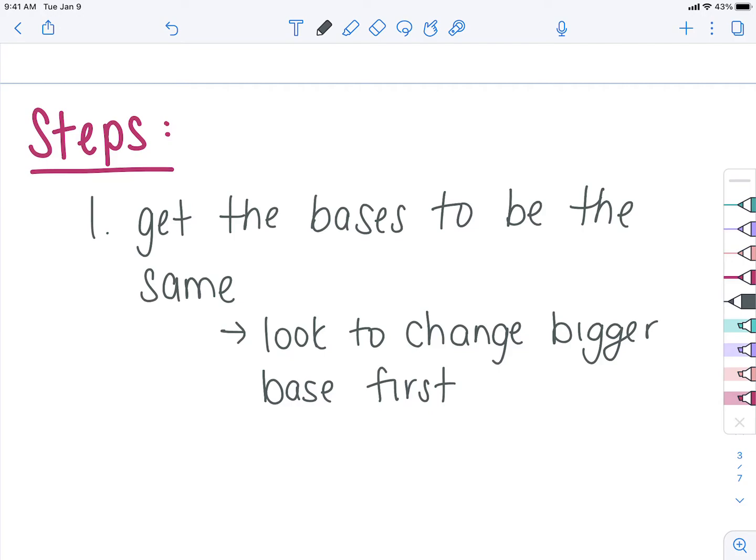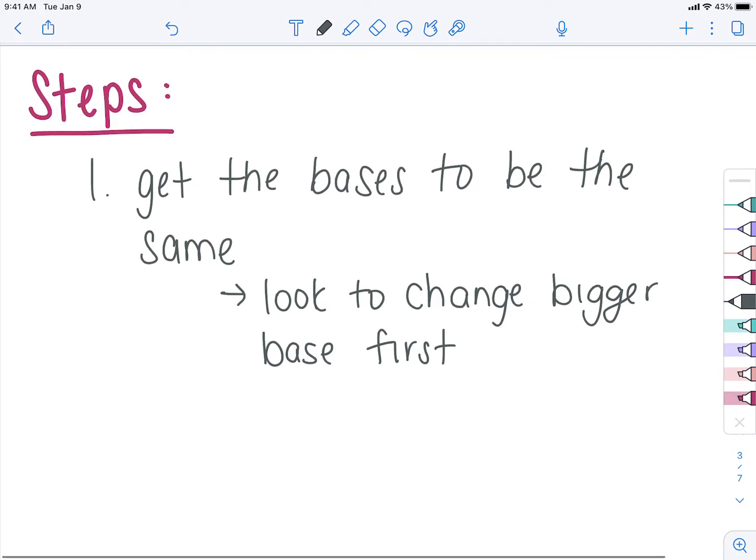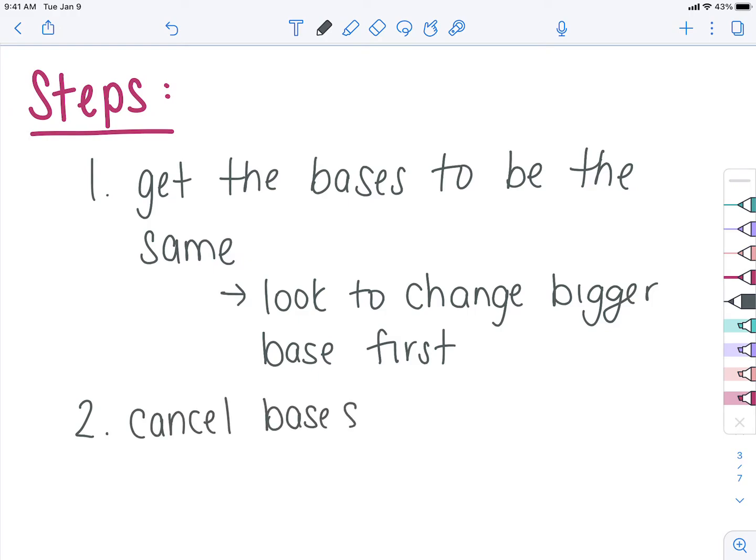After we change the bases to be the same, then we can cancel the bases and set the exponents equal to each other. Cancel the bases and set exponents equal.